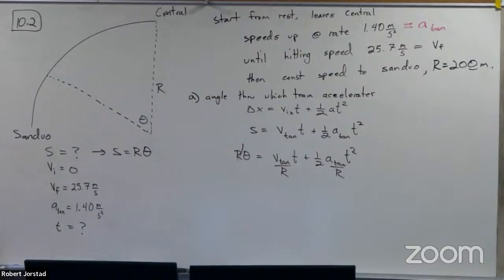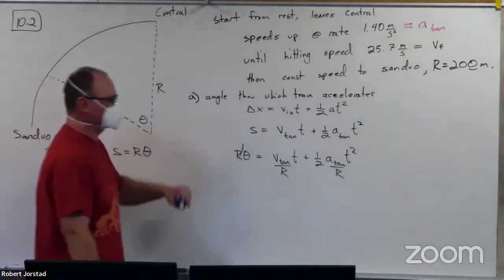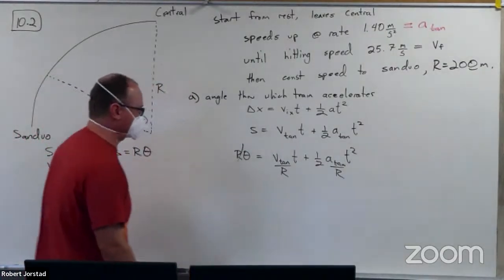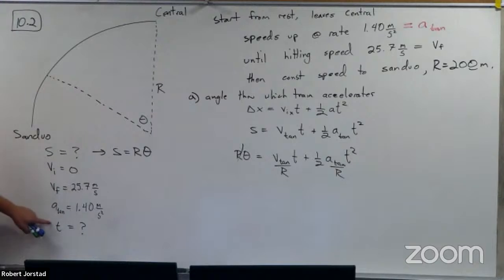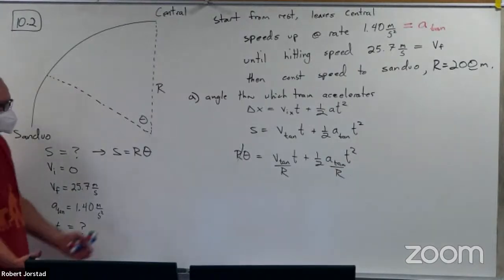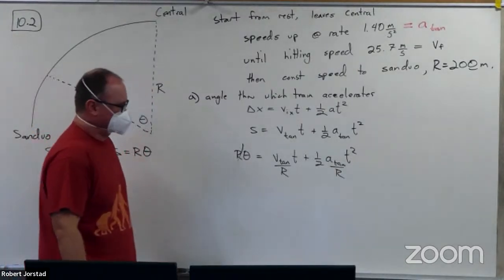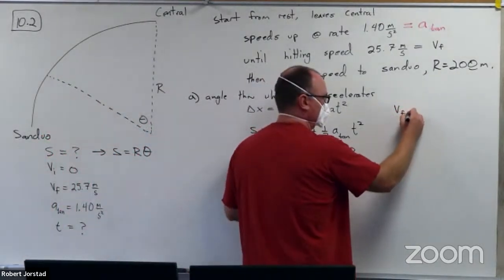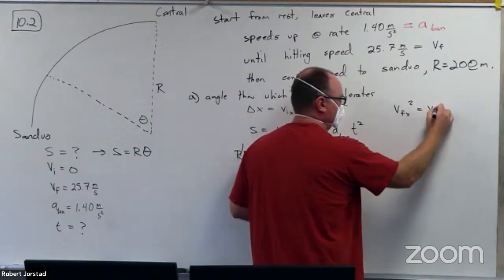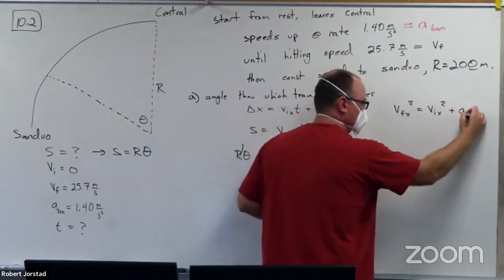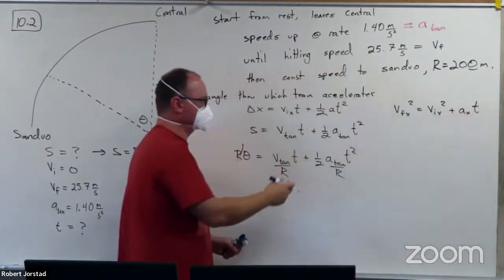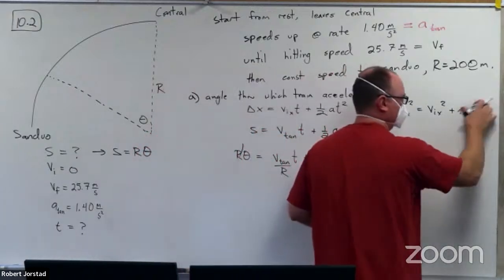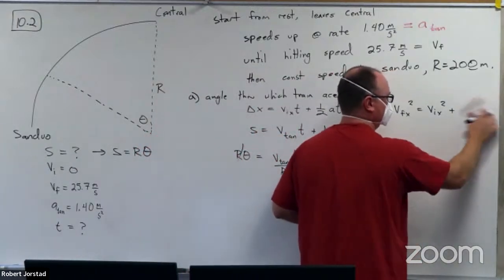Let's try another kinematics equation. Give me another one instead of the delta X. In particular, we need one that doesn't have time in it. Can you think of one? What would be the equivalent?